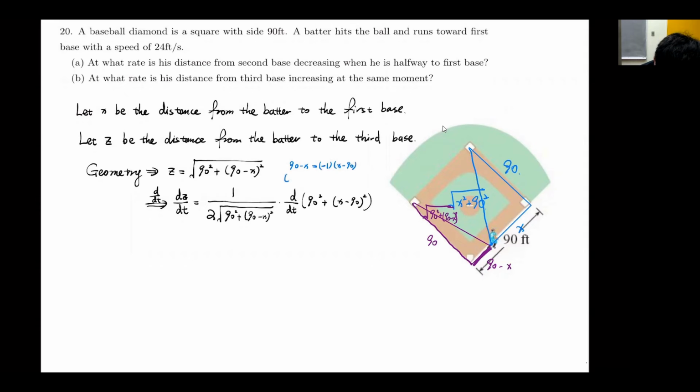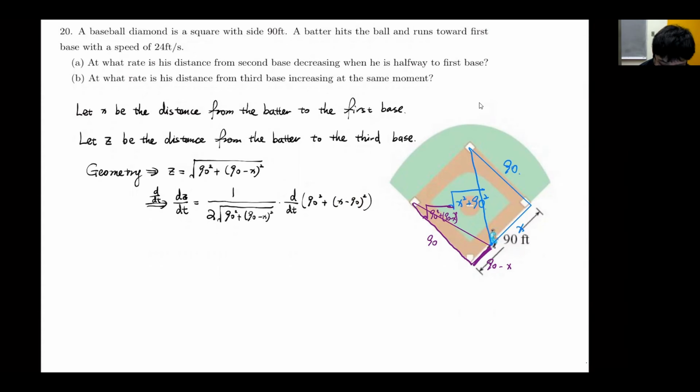If you square both sides, 90 minus x squared equals minus 1 squared times x minus 90 squared, so this is going to be x minus 90 squared. I can switch 90 and x whenever that square is applied. This is why I am writing x minus 90 in this location.